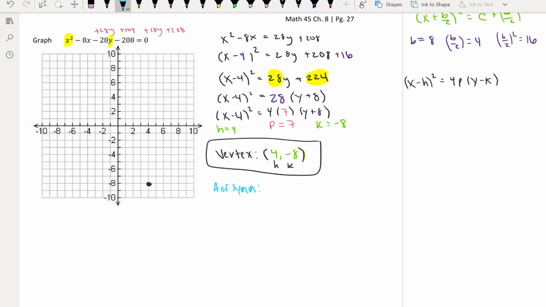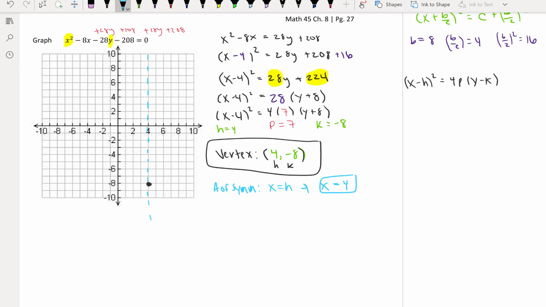Remember, the axis of symmetry is really that x is equal to h value. So here x is equal to the h value, which would be 4. So that is going to be my axis of symmetry.